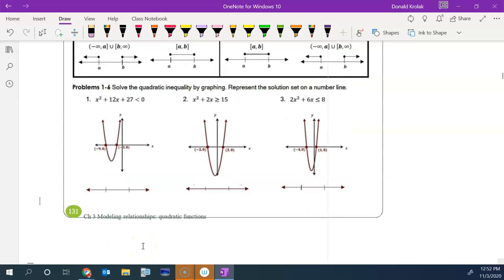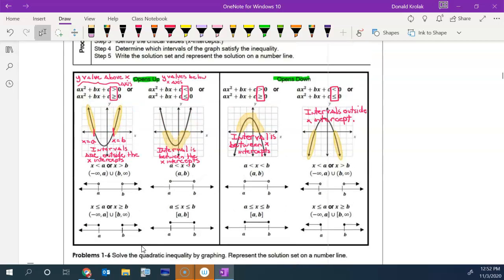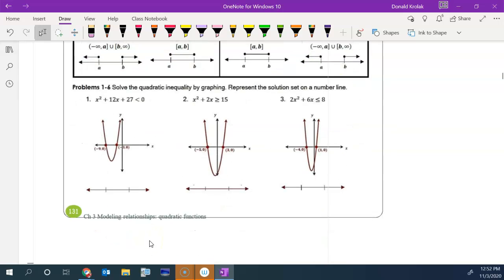Okay, here we go. All right, so now we've got a less than that opens up. A less than that opens up, we're going to be looking between the x-intercepts. So this graph is going to be less than 0 between -9 and -3. So less than -3, but greater than -9, because this is where the graph is negative.